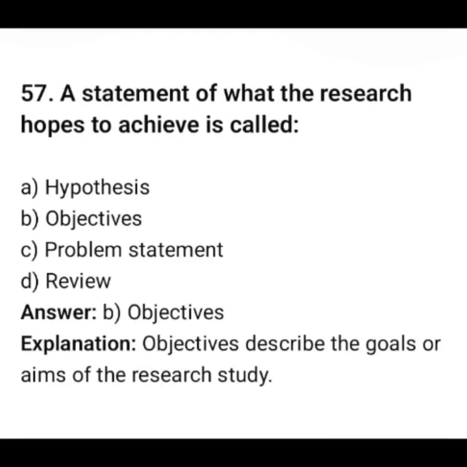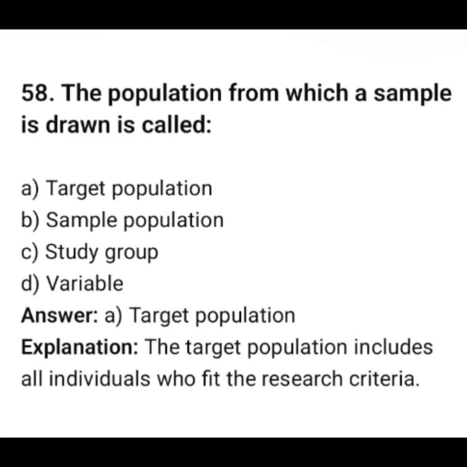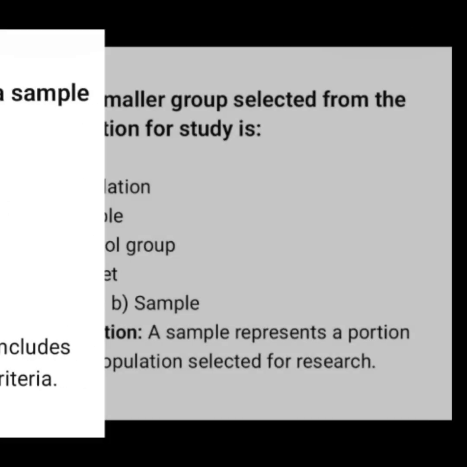A statement of what the research hopes to achieve is called: hypothesis, objectives, problem statement, review. The correct answer is option B, objectives. Objectives decide the goals or aims of the research study. The population from which a sample is drawn is called: target population, sample population, study group, variable. The correct answer is option A, target population. The target population includes all the individuals who fit the research criteria.